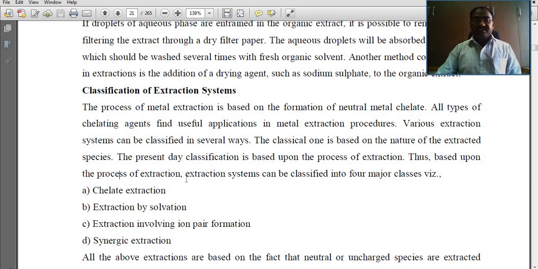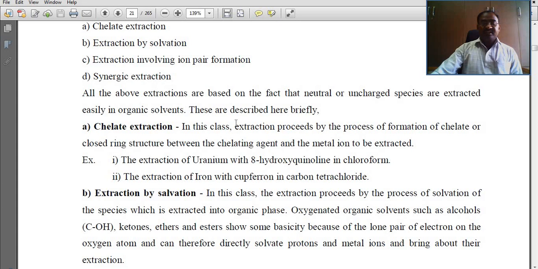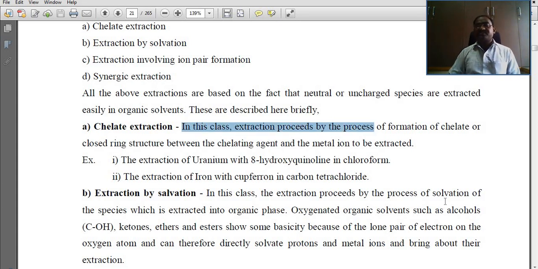Based upon the process of extraction, extraction systems can be classified into four major classes: chelate extraction, extraction by solvation, extraction involving ion pair formation, and synergistic extraction. In chelate extraction, extraction proceeds by the formation of chelates or closed ring structures between the chelating agent and the metal ion to be extracted.